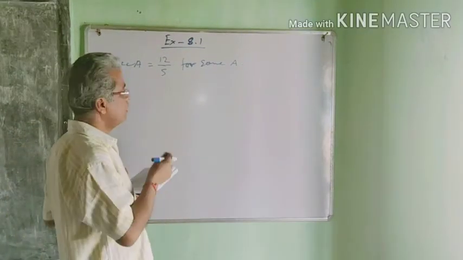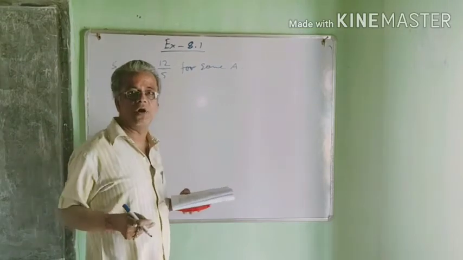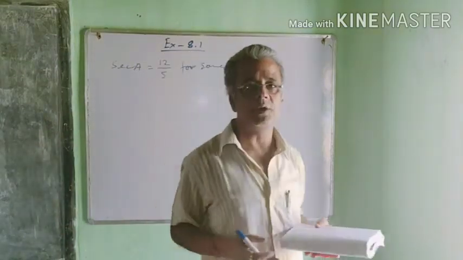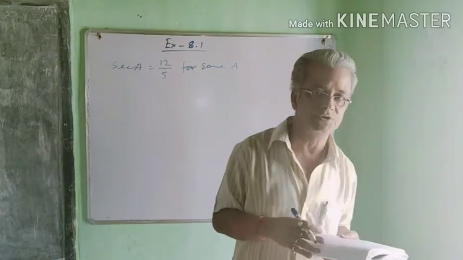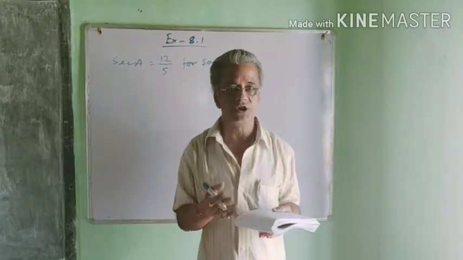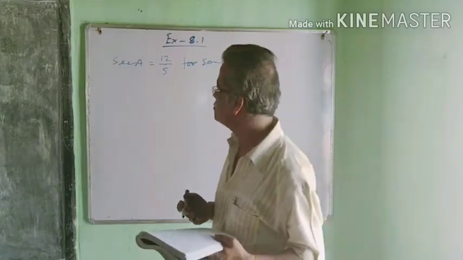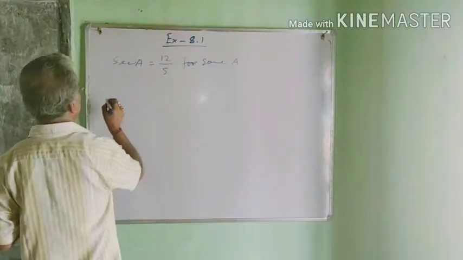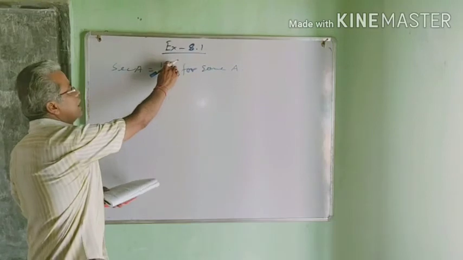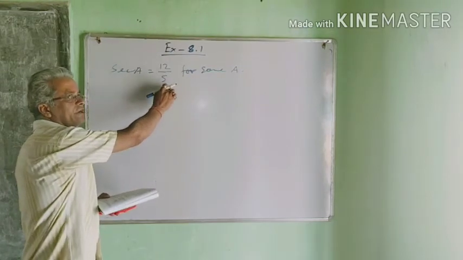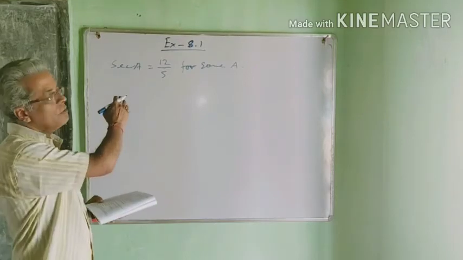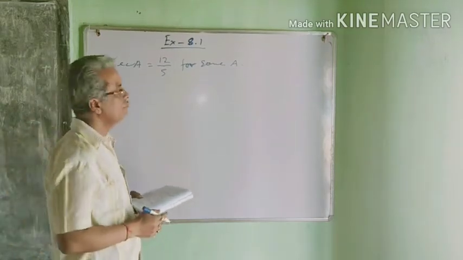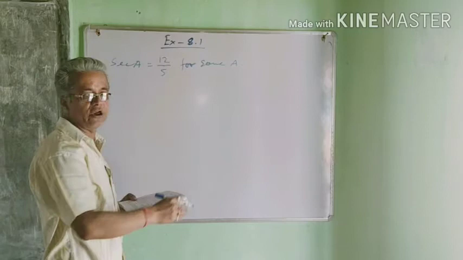We know sec is the ratio of hypotenuse is to base. Here the numerator is greater than the denominator. So the given statement is true.